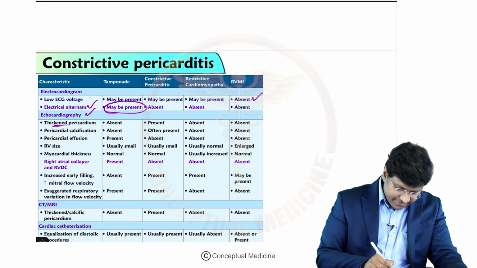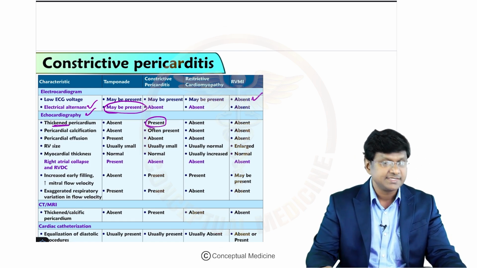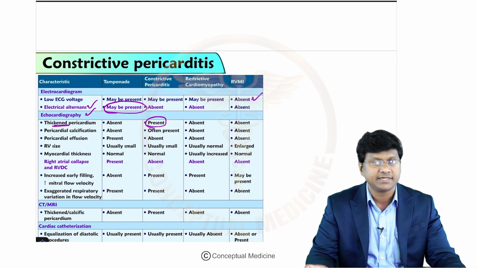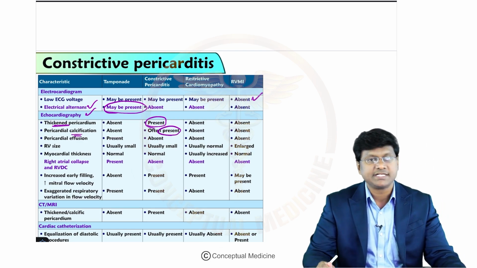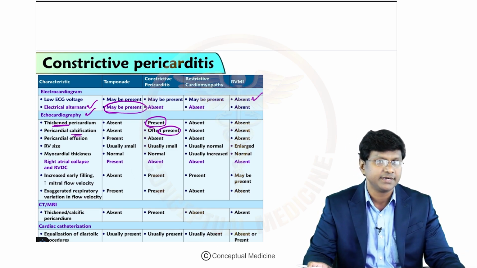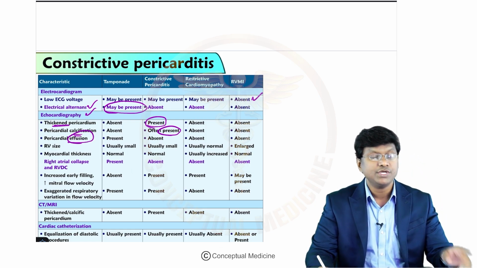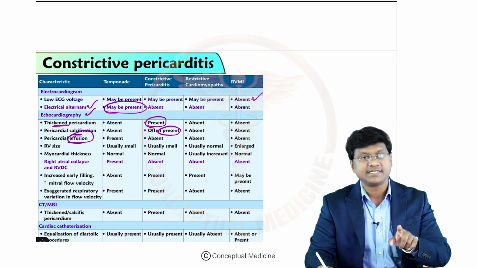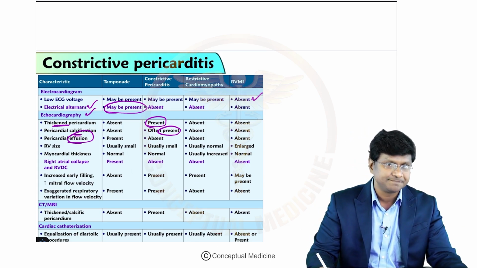Thickened pericardium is present in patients with constrictive pericarditis but not in any other condition. Pericardial calcification is also present in constrictive pericarditis but not in any other clinical condition. Then the effusion, the presence of fluid in the pericardial space: you will have that in patients with cardiac tamponade but not in any other clinical condition causing diastolic dysfunction.